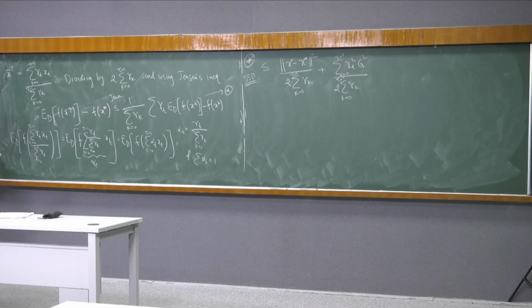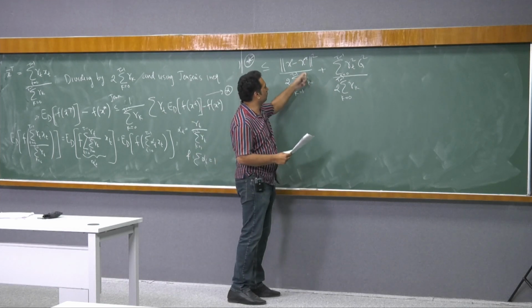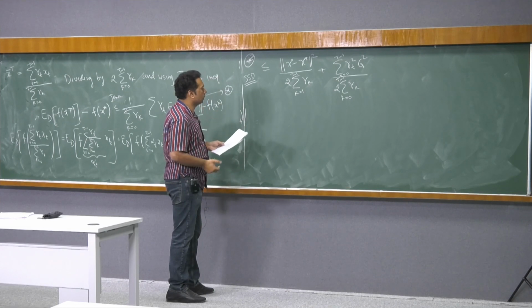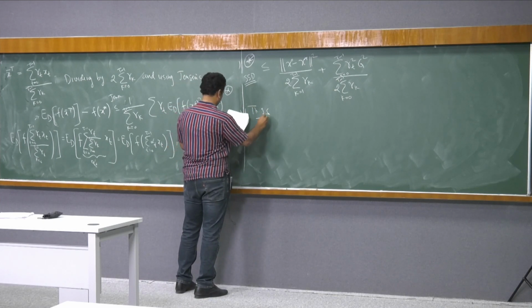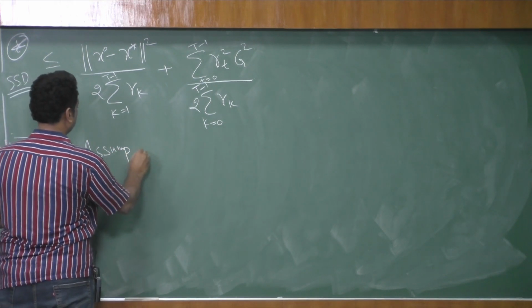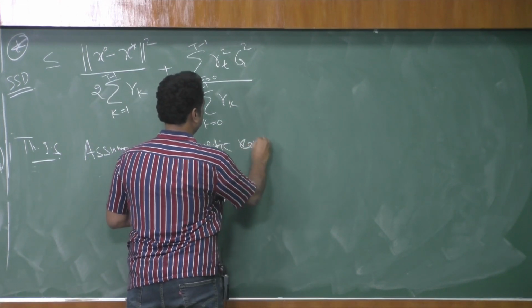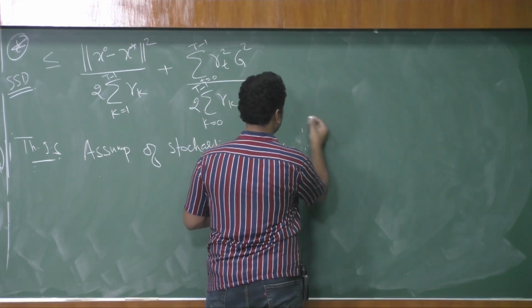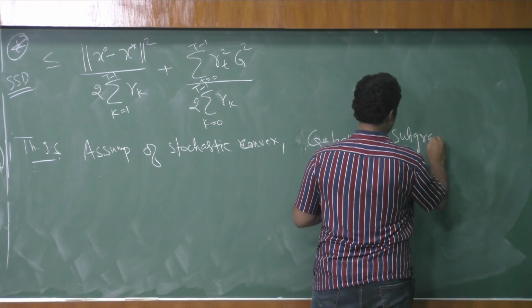We have time, so I can do this choice of step size. We left this, so we can do this as a last step. Let us choose some step size and see what kind of bound we get, okay? So this is theorem 9.6, and let us say the assumptions of stochastic convex and G bounded subgradients hold.